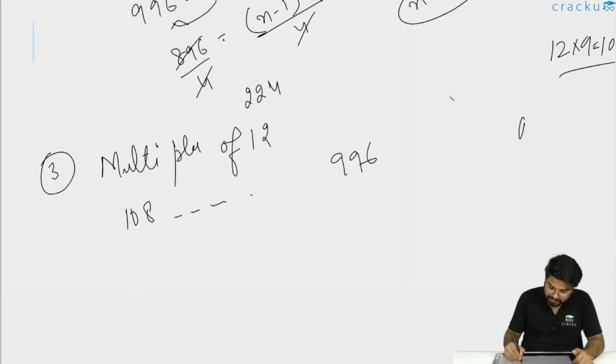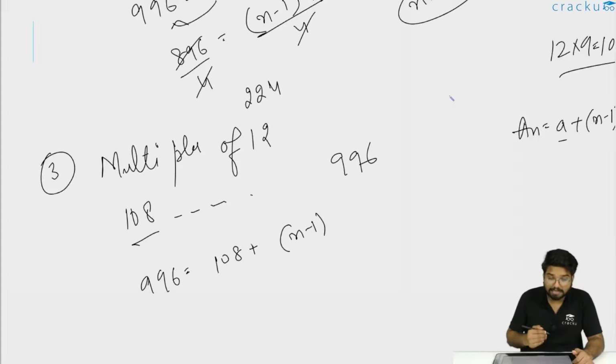Again, let's calculate the number of terms. So the last term, 996, is equal to the first term plus (n minus 1) d, where n is what we are finding, and d, the common difference, will be 12 only because we are finding multiples of 12.